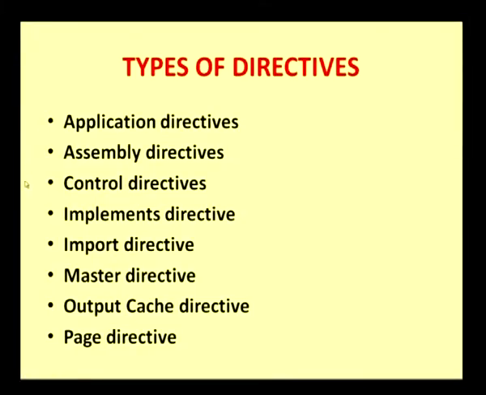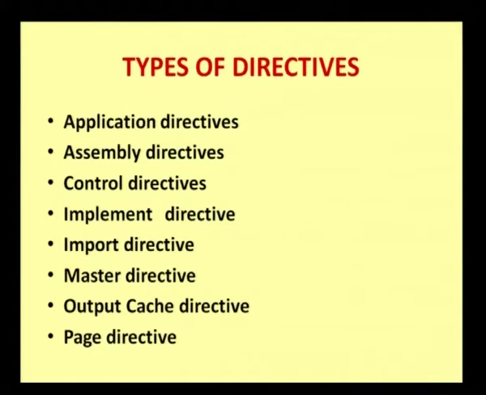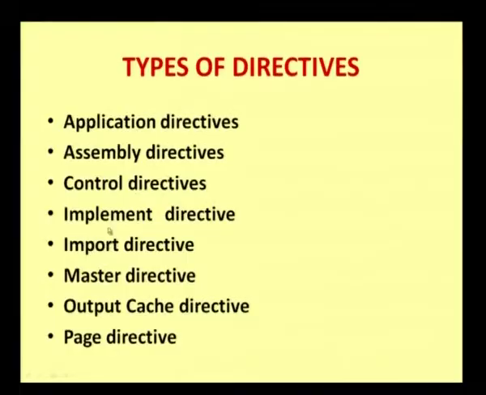Control directives specify the control structures of the web page which we are going to design with ASP.NET, and the implements directive defines the interfaces. Suppose we are going to use C#.NET; the inbuilt directives required for the web pages to be designed are considered by using implements.